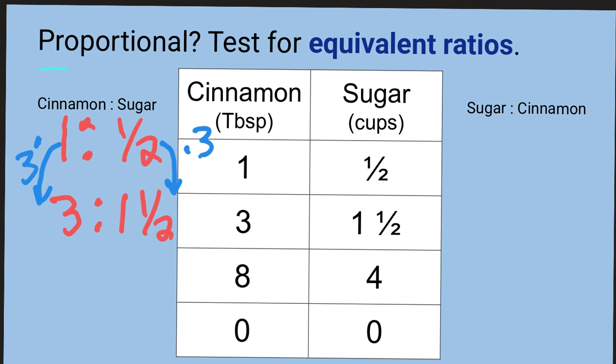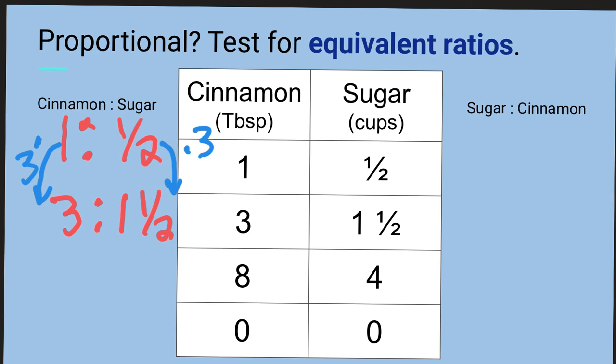I start with my first ratio, 1 cinnamon to a half cup sugar, and I compare it to my next one, and I say to myself, all they did here was multiply it by 3. So again, if I triple the cinnamon, did I triple the sugar? And I would say yes, I did. So we can continue to do that.